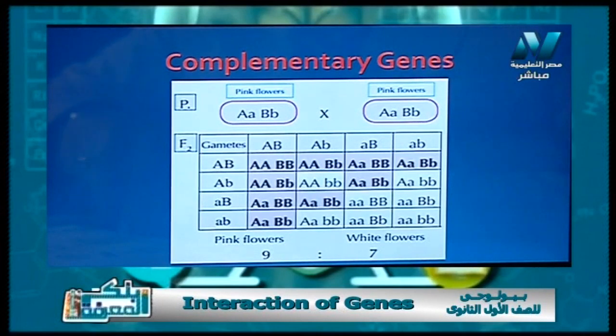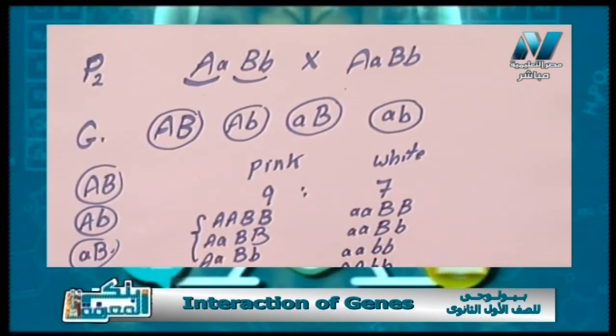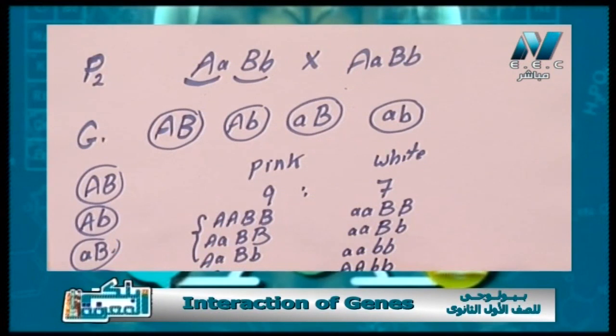So one of them is recessive or both are recessive. Sorry, small b, small b. So these are the genotypes of pink or white flowered plants.